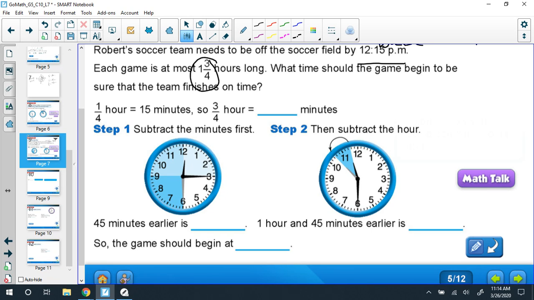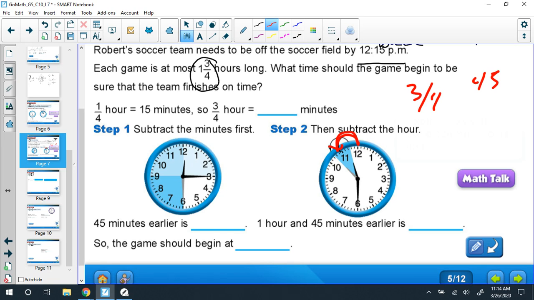So what I would do is I would say, well, if they need to be off by 12:15, an hour before that would be 11:15. I'm going to change the color really quick here to red because I don't like this very much. So we're going to be an hour earlier at 11:15. We also talked about how 3/4 of an hour was 45 minutes.